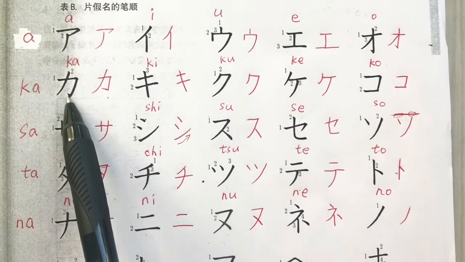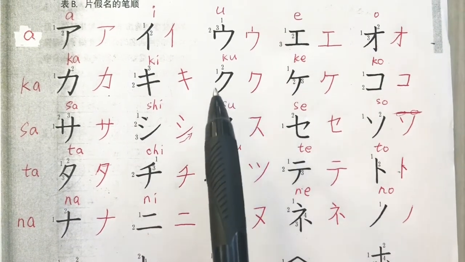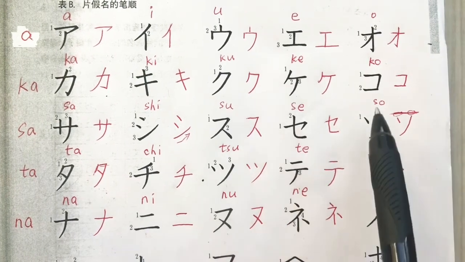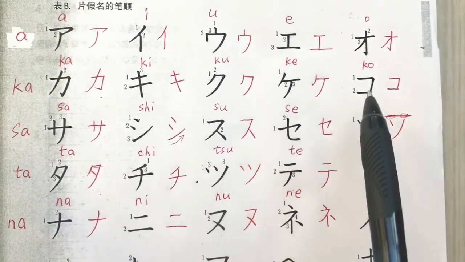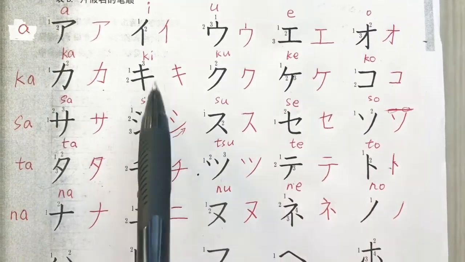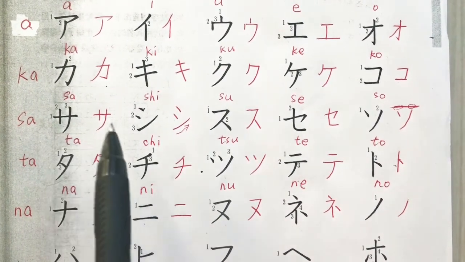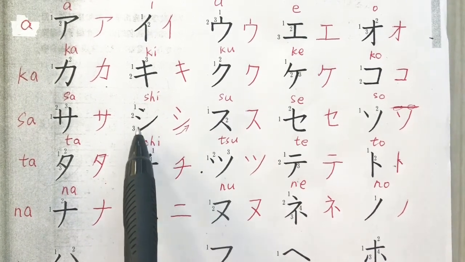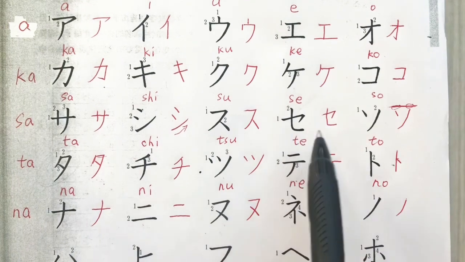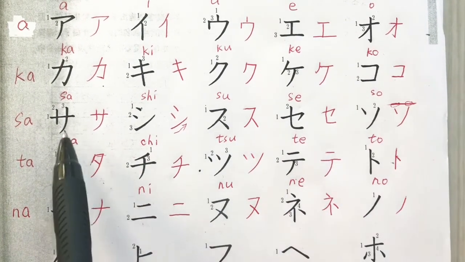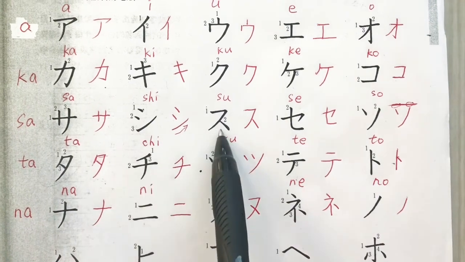Ka, ki, ku, ke, ko. Sa, shi, su, se, so.